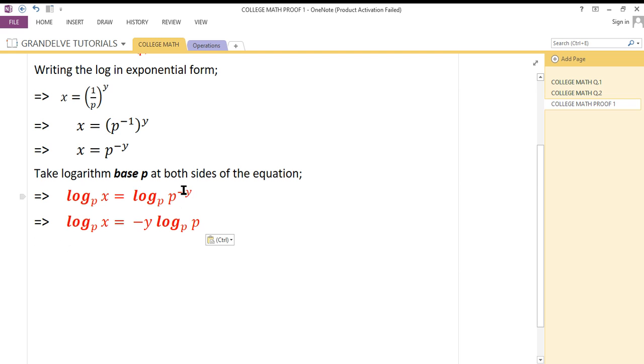That is negative y then comes to multiply log p base p. That is using our exponential law of logarithms. And I believe you still remember your laws of logarithm. So this will be easier for you to comprehend.